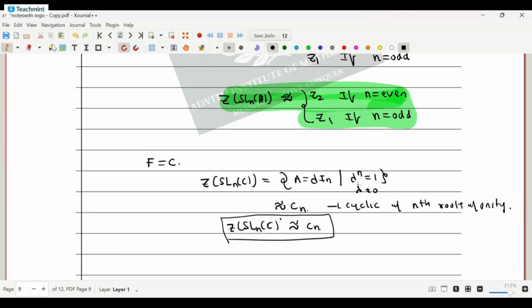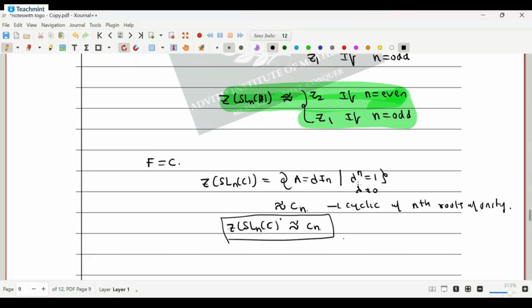Is isomorphic to Cn. Would you write Cn or Zn? Not Zn, you write Cn. Cn or Zn, both are the same, except here non-zero elements are there, sir. The nth roots of 1 are 1, omega, omega square, up to omega power n.